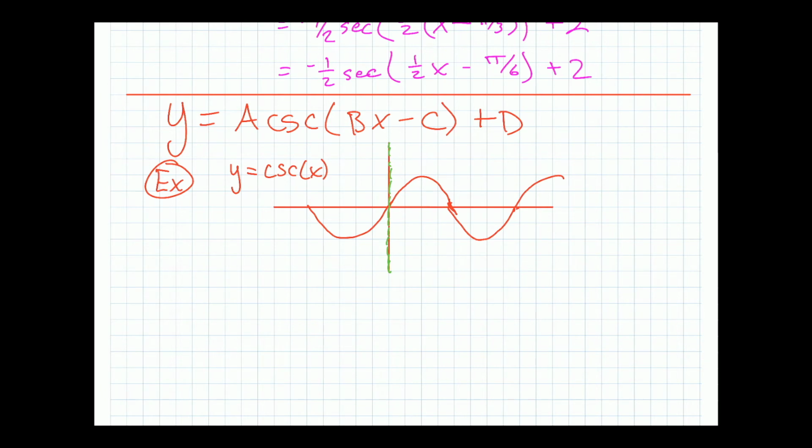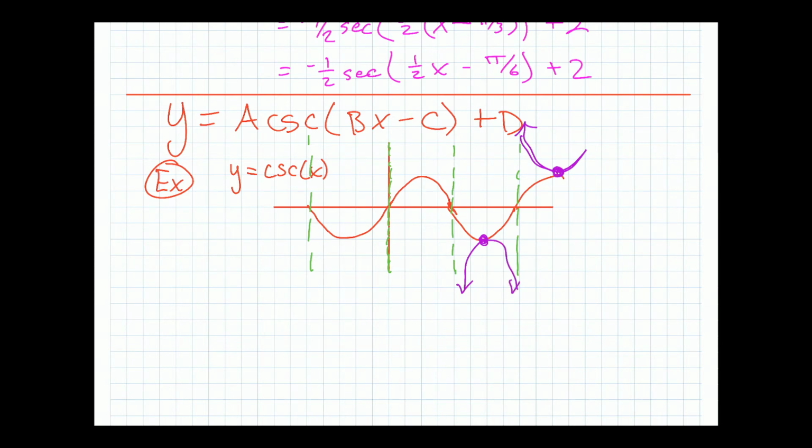So that's the asymptote. Oh yeah, that's fine, because you're not going to be able to find the asymptotes on the graph that they give you. So there's asymptotes wherever that goes through 0, and then the actual cosecant graph is in between.